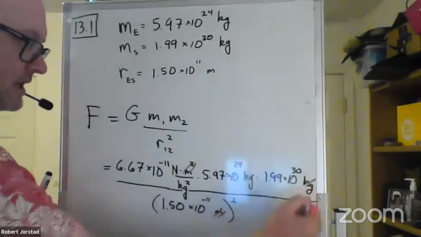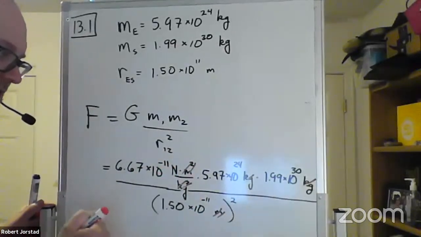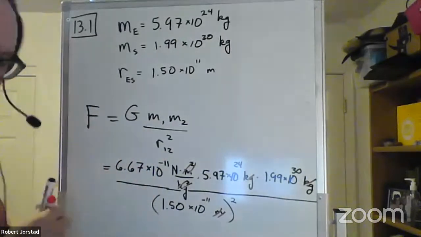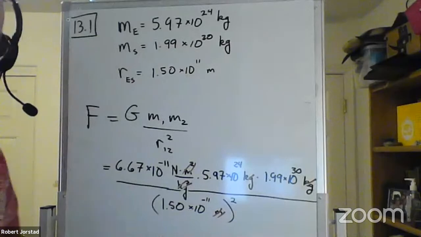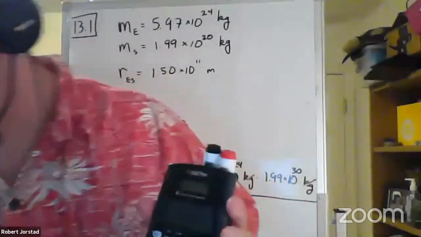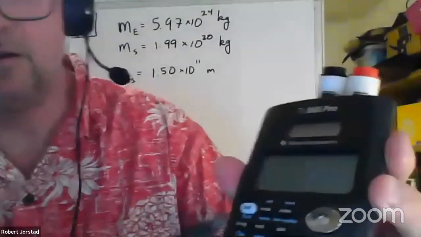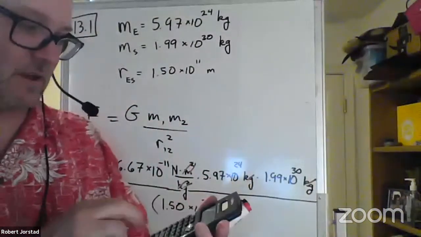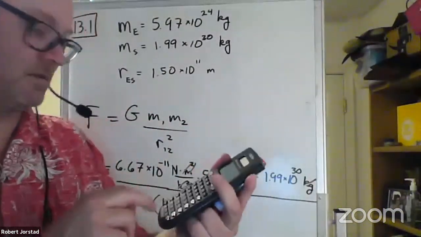The kilogram is going to cancel the kilogram squared. I get units of newtons. That's a good thing. And then when you punch it in, maybe you've forgotten, maybe you remember, but just in case, the EE button is handy. Because we don't do a lot of scientific notation, for the last few weeks.